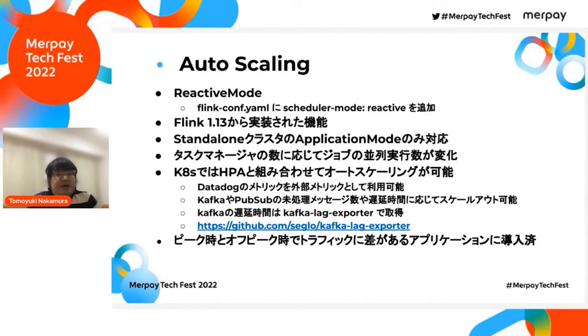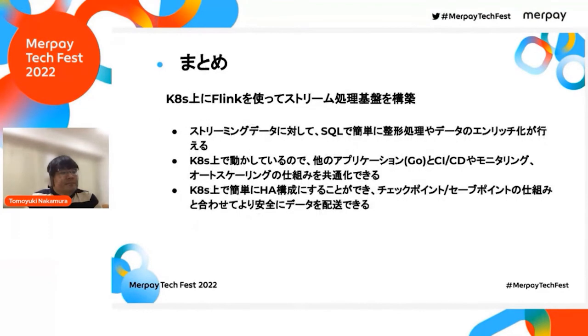So finally, this is a summary. Merpay is using Flink on Kubernetes to build a stream processing infrastructure. We are able to easily perform formatting and data enrichment on streaming data using SQL.